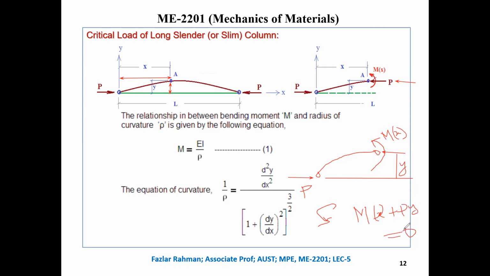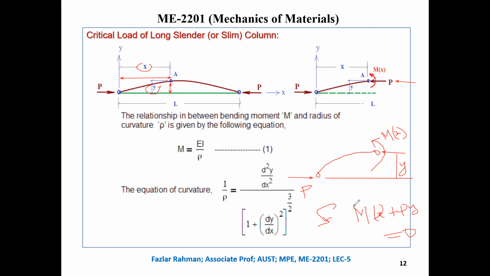That is the equation you will get. That means the value of moment you will get is P into y. And this value of moment is different for different values of x, because if x increases or decreases, y also increases or decreases. That means M varies with the value of x.